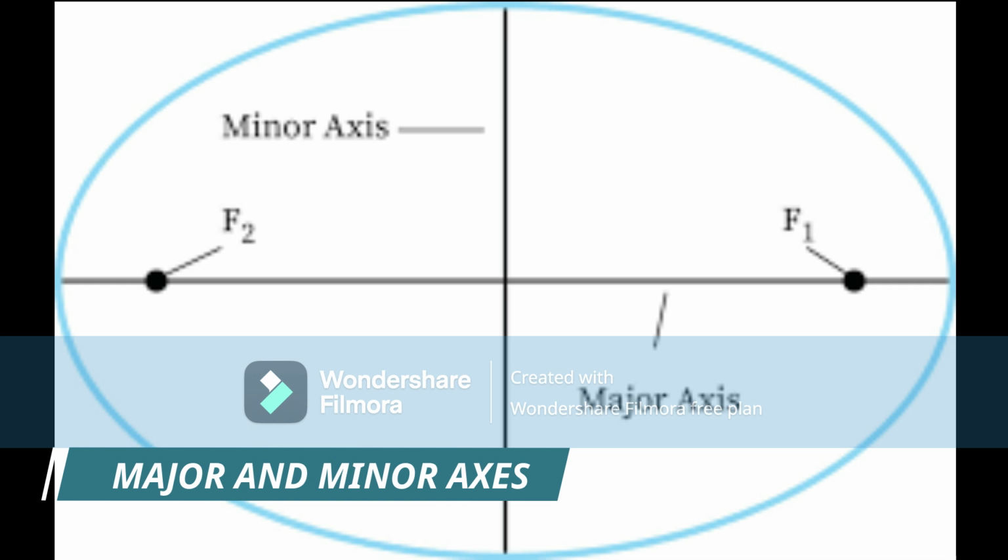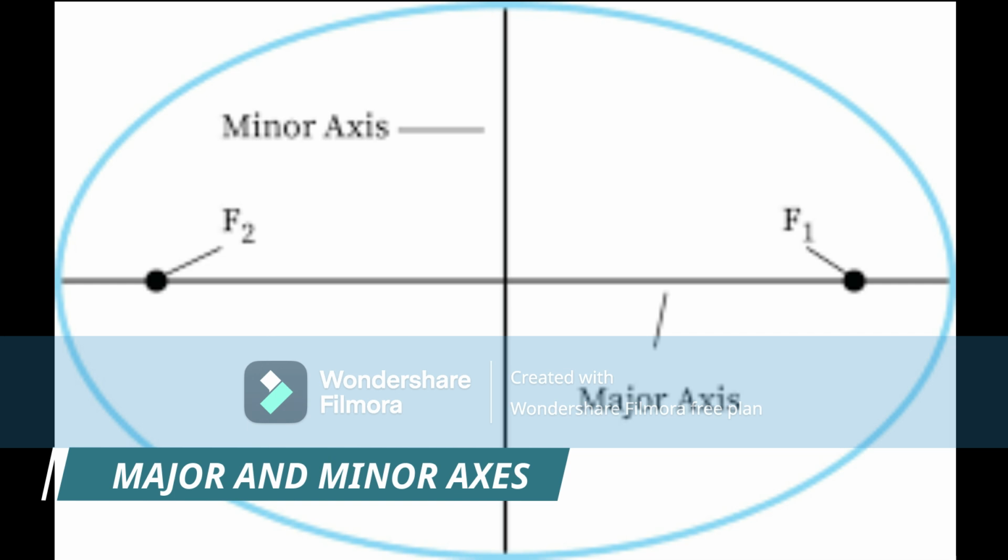Anyway, so by convention we define the length of the major axis as 2a and the length of the minor axis as 2b, and by extension the semi-major axis is the longer radius, and the semi-minor axis is the shorter radius.